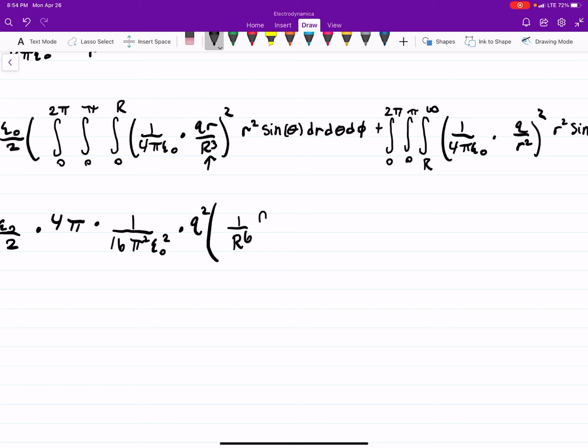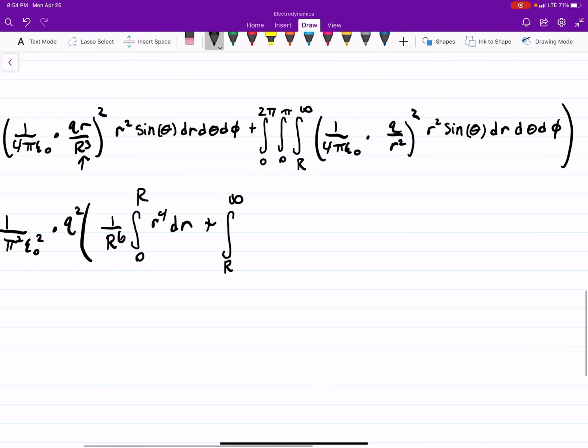The integral from 0 to R: we have r squared times r squared, so that's r to the 4th dr. Plus the integral from R to infinity. So that's 1 over r to the 4th times r squared, so that's 1 over r squared, or r to the negative 2 dr, just to make the power rule a little easier.